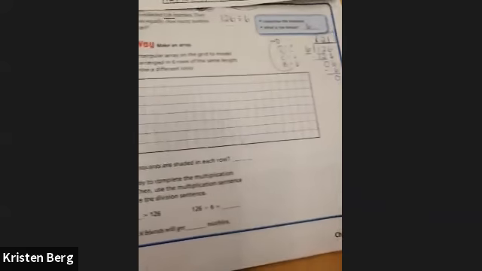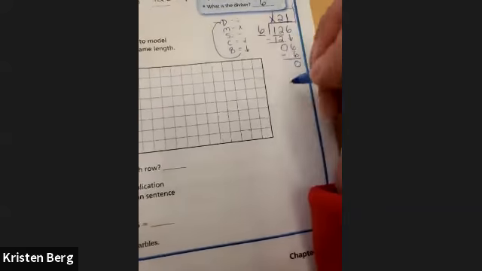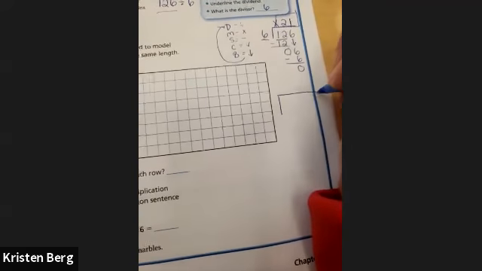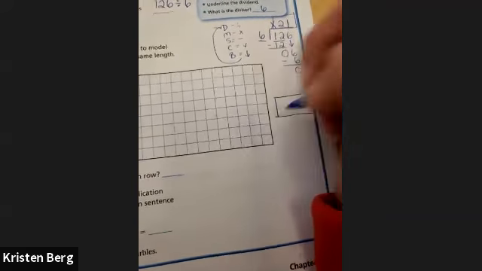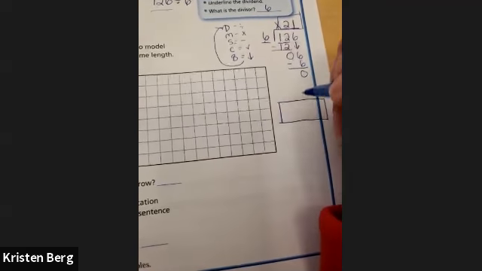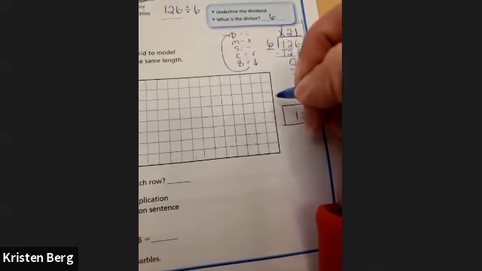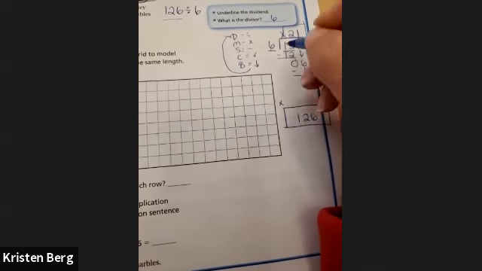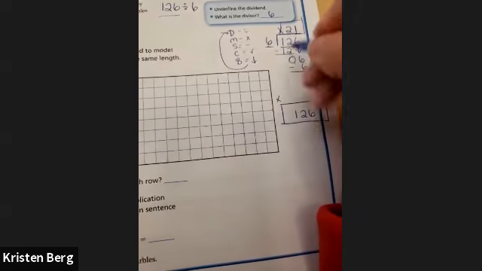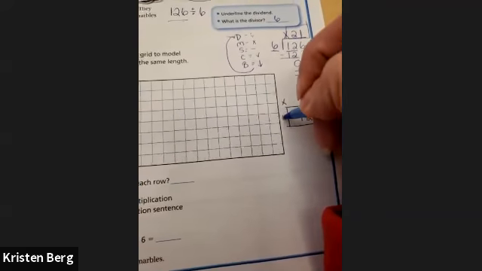Since it is 21, you guys probably with Mr. Brian, he showed you an array. When you are doing this, to find the answer to this, they would say this is like 126. And the array to this would be doing 21 times 6.